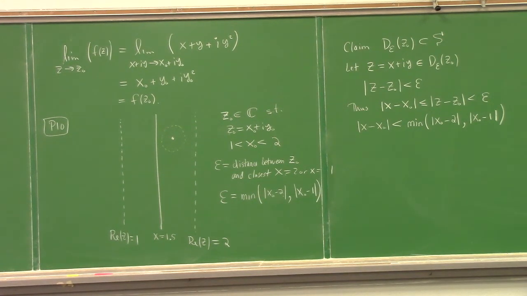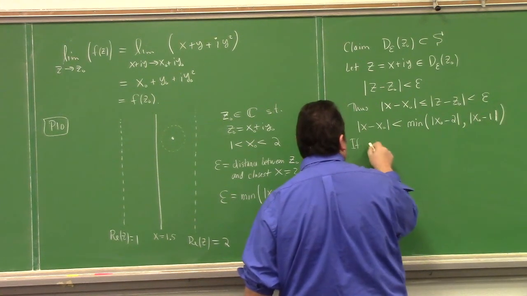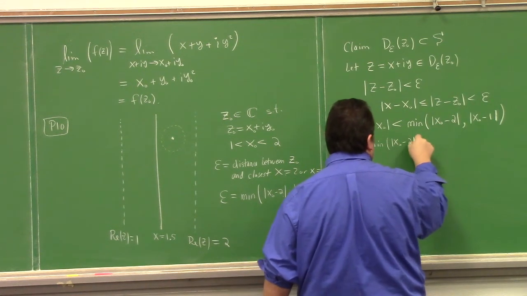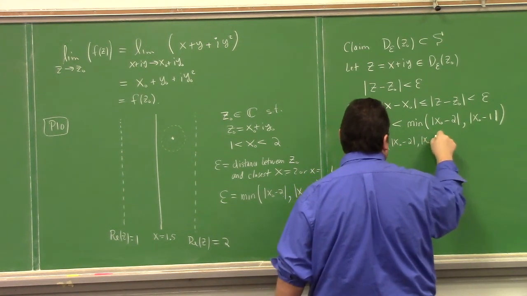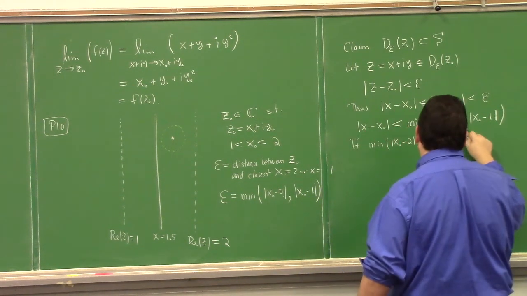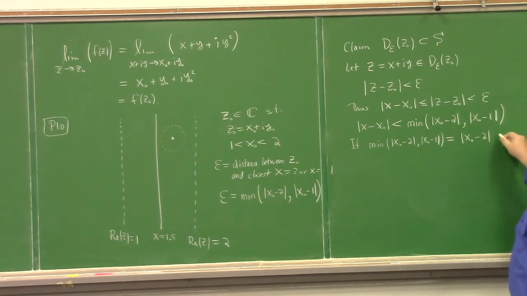Now there are two cases to think about. If the minimum of x naught minus 2, comma, x naught minus 1 is equal to x naught minus 2, then what?